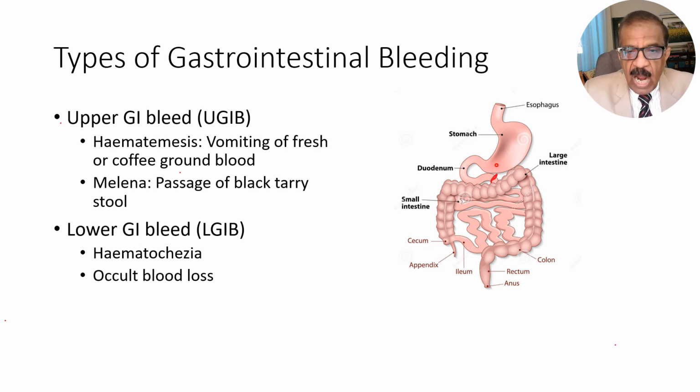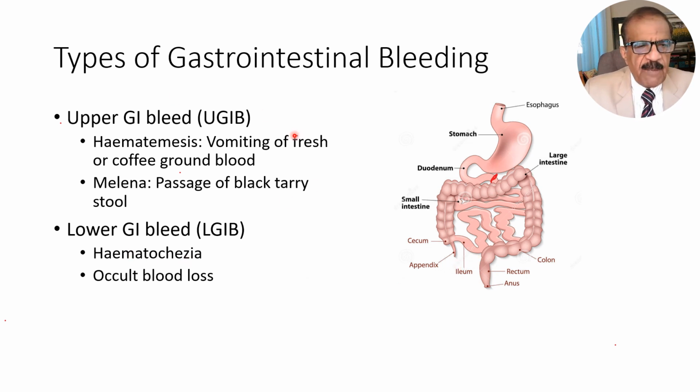Only if it is a large amount, particularly if the patient is on acid lowering therapy, has a state of achlorhydria, or is on large doses of proton pump inhibitors or other drugs, then it could be hematochezia. But you can identify such a patient because this kind of patient is likely to be hemodynamically very unstable, because you need a large amount of blood going through the intestine to become hematochezia.